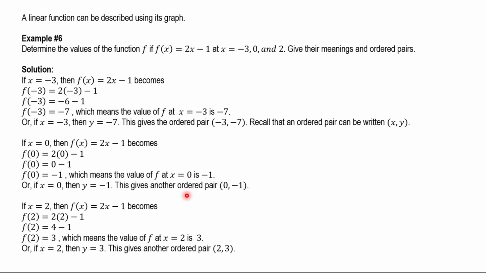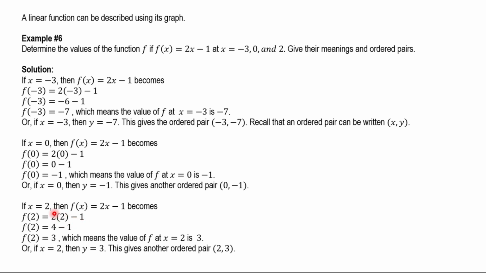Okay. If x equals 2, last one. So x is negative 3, x equals 0. So we have this one. If x equals 2, then f of x equals 2x minus 1 becomes f of 2 equals 2 times 2 minus 1.